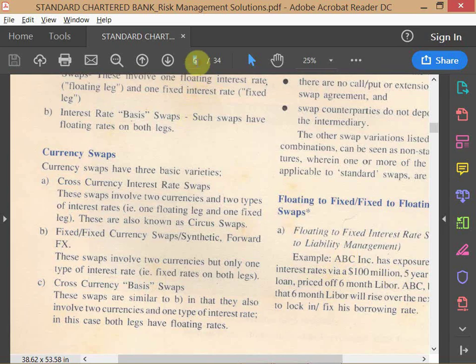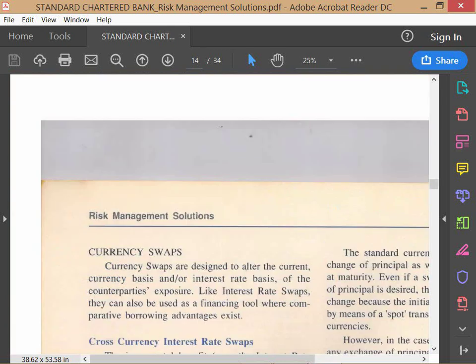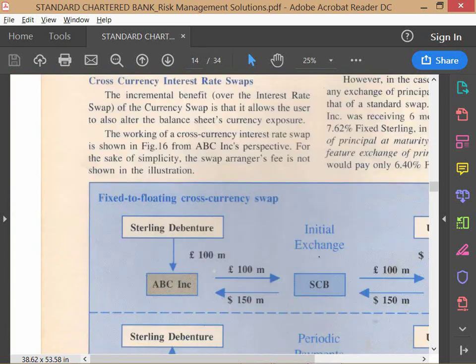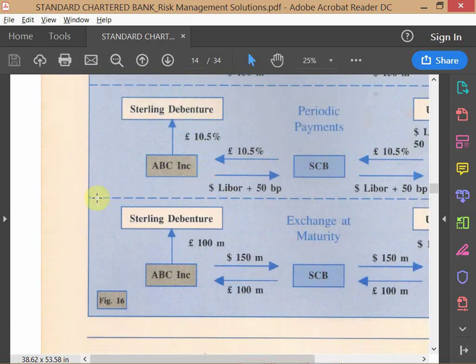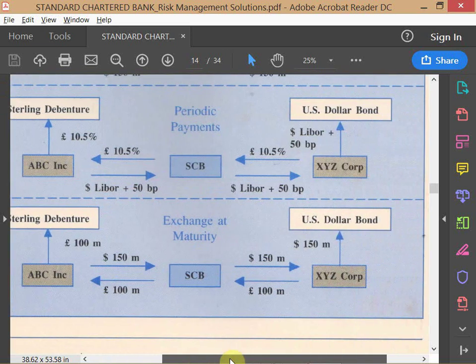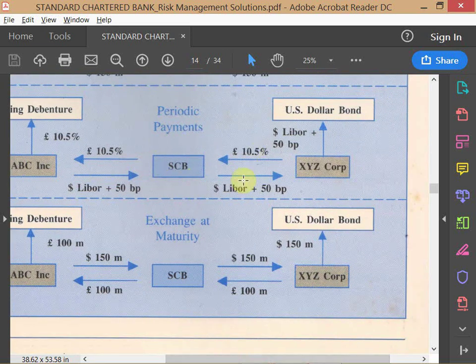If you go to page number 14, you see this example we looked at, the cross-currency IRS between XYZ and SCB. What is happening here? Is there an exchange of interest rates or not? Yes.